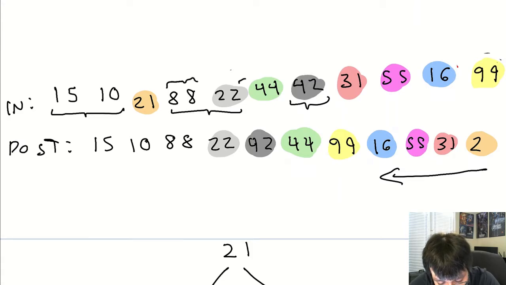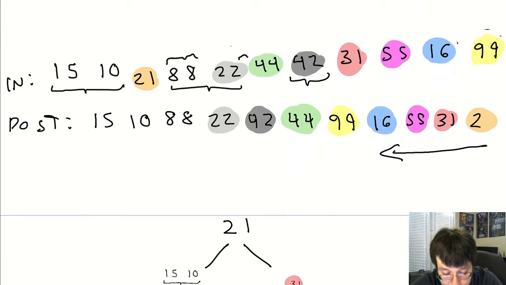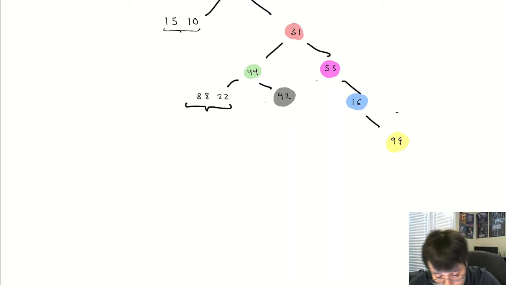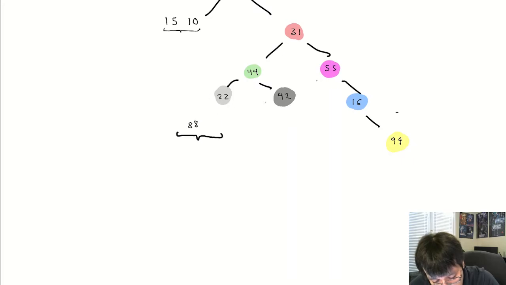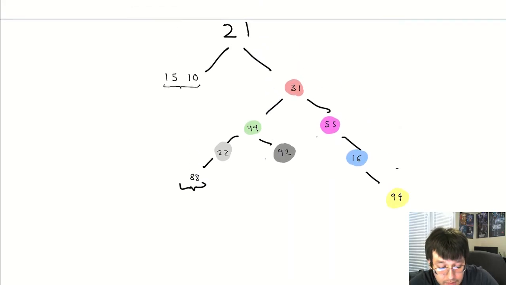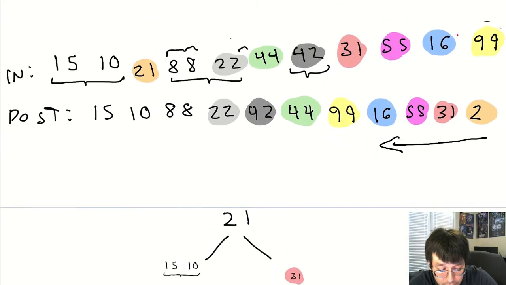And then nothing is going to be a right child of 22. So that goes there. And like I said, 88 is going to be to the left of it. And it's technically, again, a single item list.